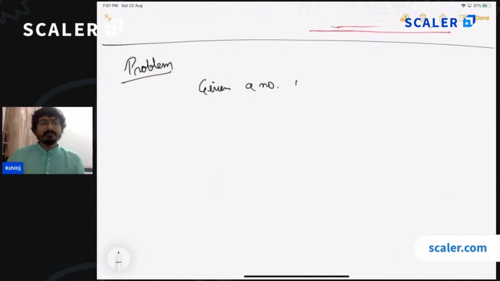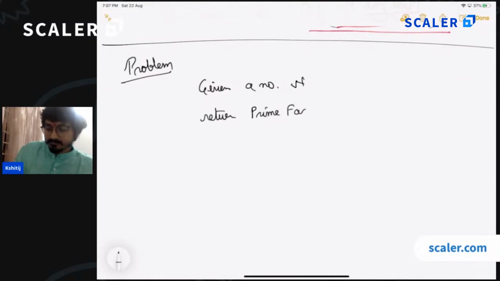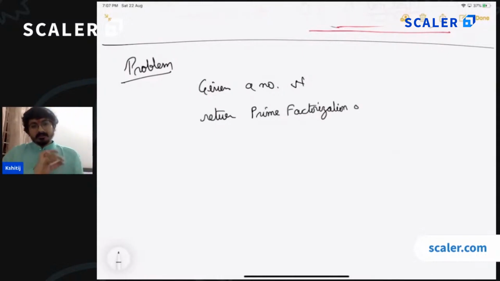return the prime factorization of this number. What is prime factorization? Is everyone here clear with the thing that any composite number can be written as the multiple of prime numbers? Not all prime numbers, but multiple of prime numbers.